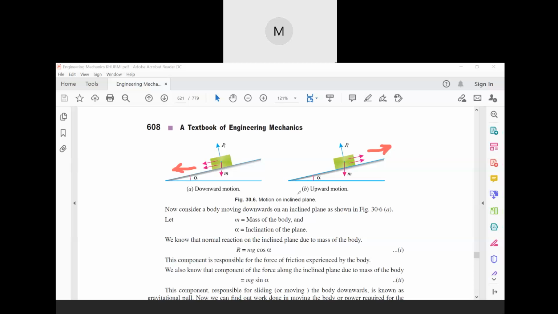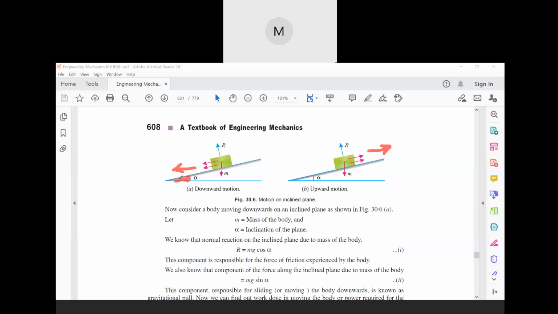Now here, the angle through which this inclination takes place is alpha. And you can see the body is either moving upwards or moving downwards.